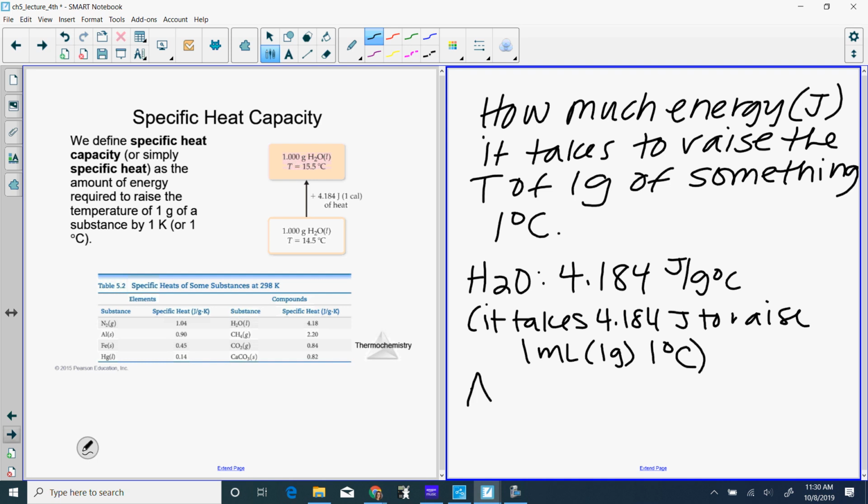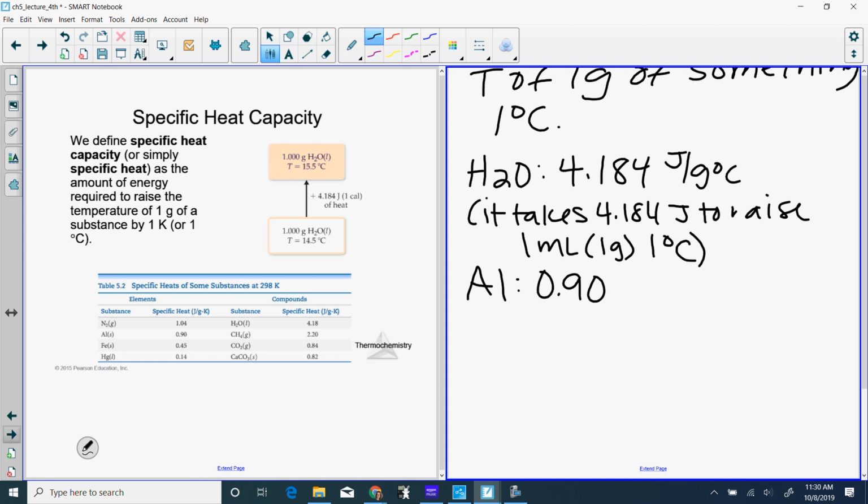Okay. Compare it though to aluminum foil. Aluminum foil is 0.90 joules per gram degrees Celsius. Did you ever, okay, maybe you haven't experienced this, but maybe you have.